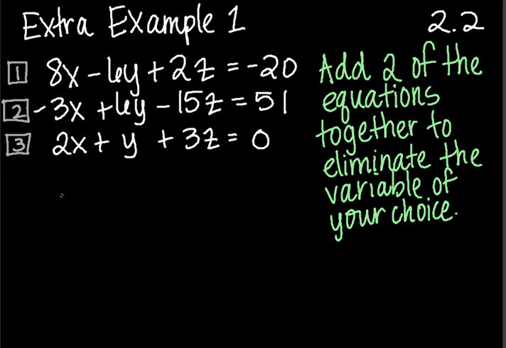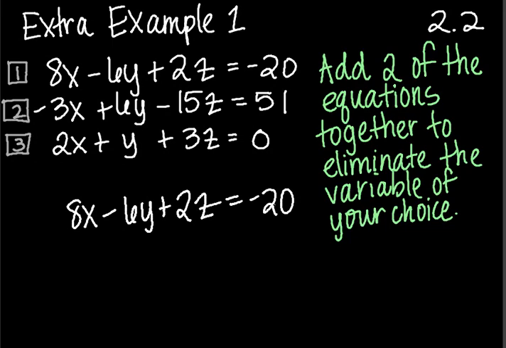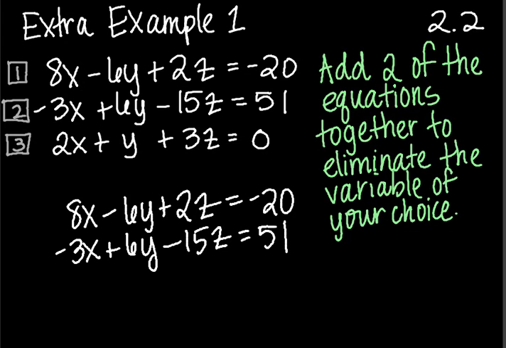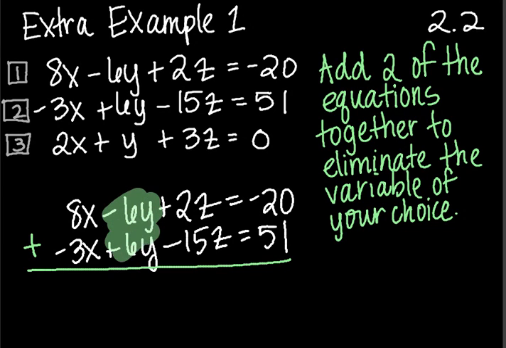So when we have 8x minus 6y plus 2z equals negative 20, and negative 3x plus 6y minus 15z equals 51, we're going to add those 2 equations together so that we cancel out the y.